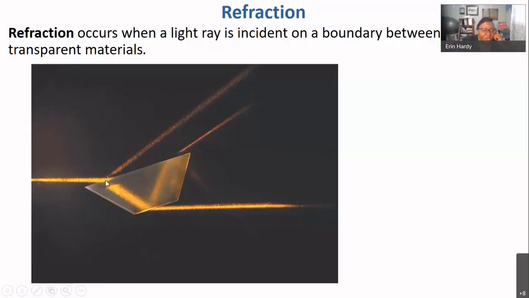So we could sketch a normal that's perpendicular to this face of the prism and measure a theta I and a theta R and demonstrate that they're the same value. However, most of the light is passing through that boundary. Only some of it is actually reflecting. So more light is transmitting than reflecting for this first interaction at this first boundary.